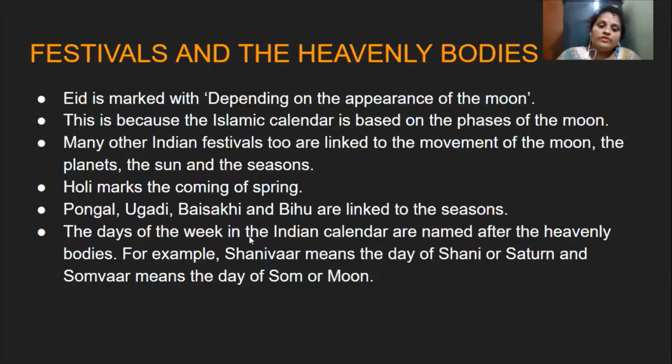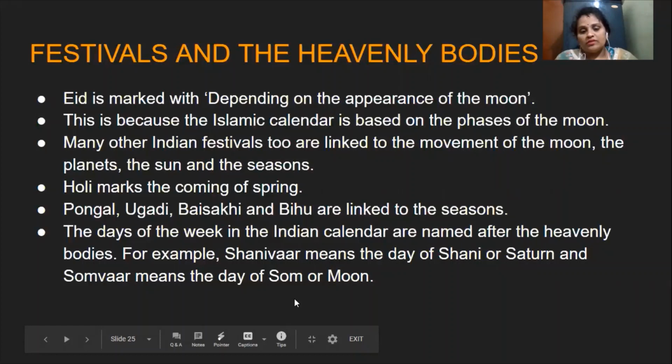The days of the week in the Indian calendar are named after the heavenly bodies. For example, Shanivar means the day of Shani or Saturn, and Somvar means the day of Somar, the moon. Children, you might have heard Somvar, Mangalvar, Budvar, etc. Right? So these names indicate heavenly bodies.